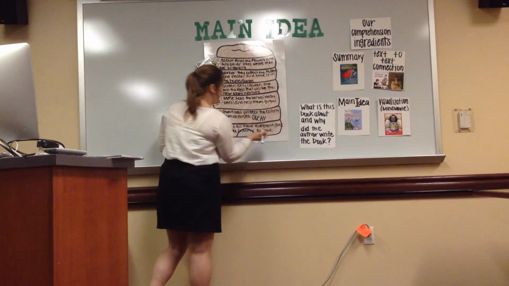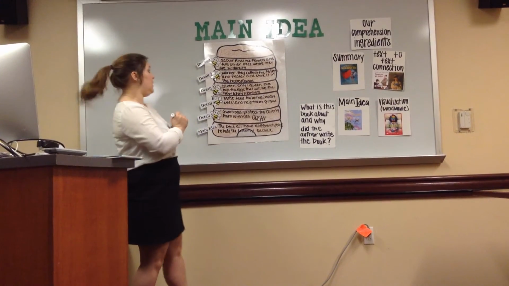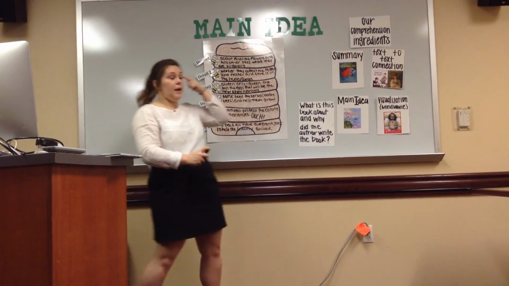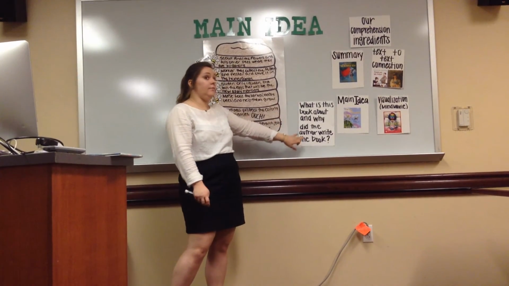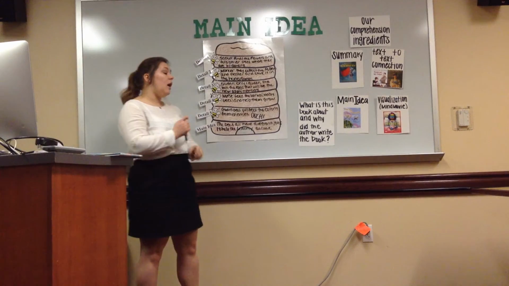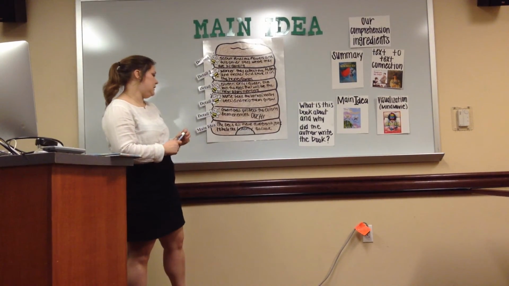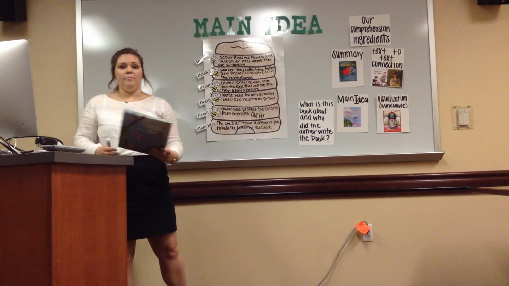And boys and girls, remember when the colony is talking about the beehive. So the main idea that I got from looking at all of the details, and knowing in my head that the main idea is what is the book about and why did the author write the book, is that the bees all have different jobs and they help the colony succeed. So, good job, boys and girls.